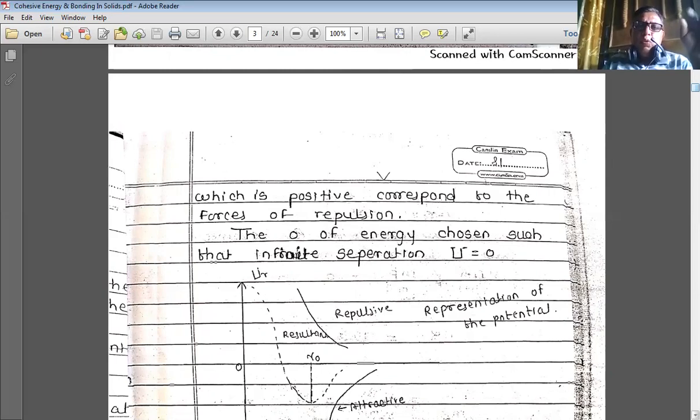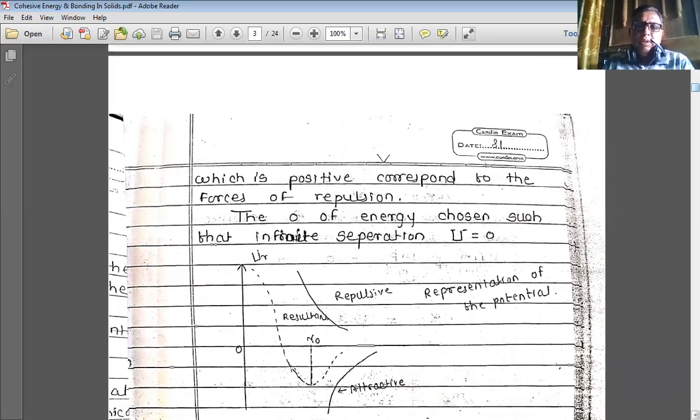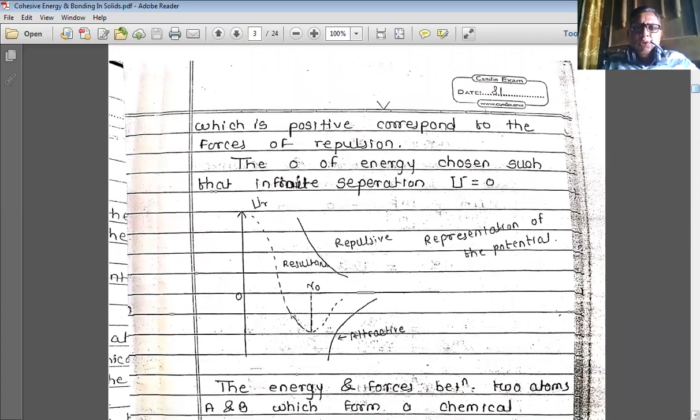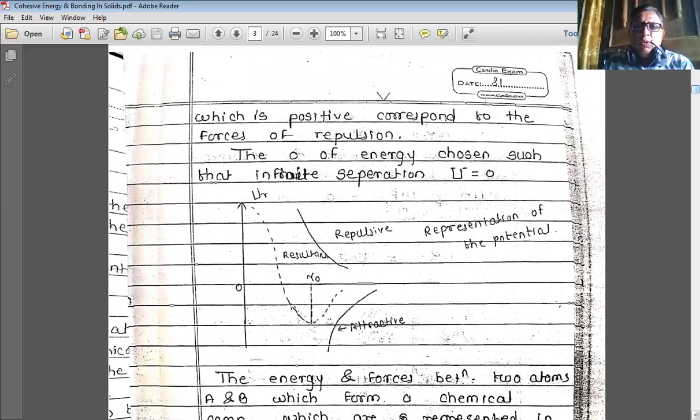The zero of the energy is chosen such that at infinite separation U is equal to 0. Show this in the figure. There is the origin O, and U(r) is plotted like this.